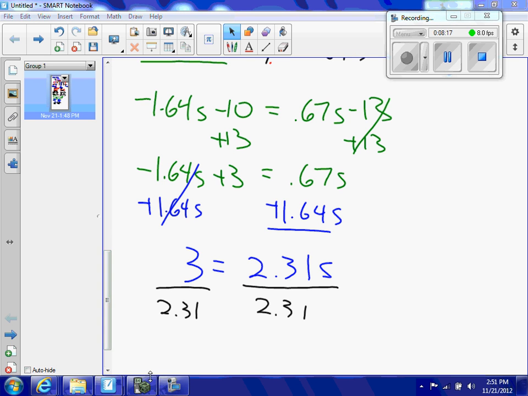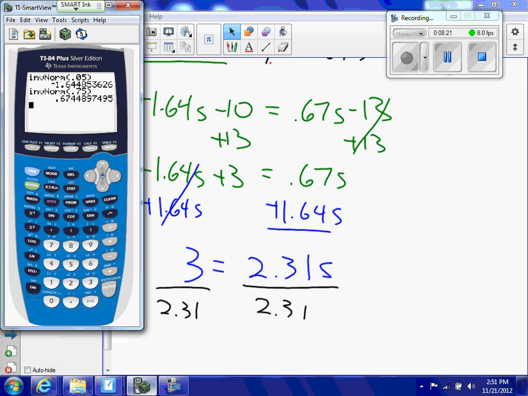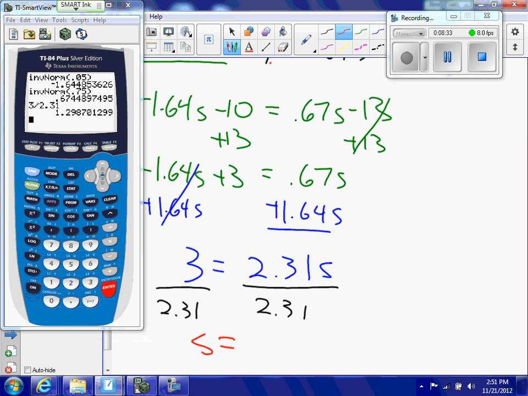I get my calculator. I go 3 divided by 2.31. So my s is equal to, well, let's go 1.30.